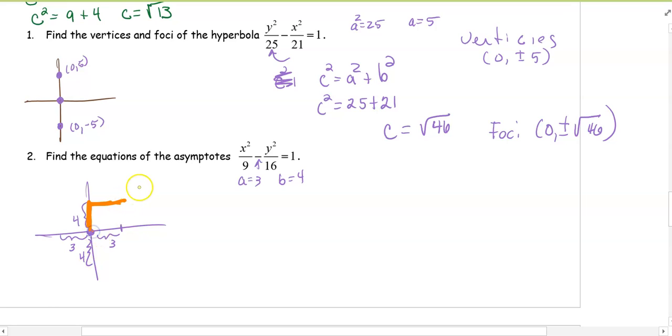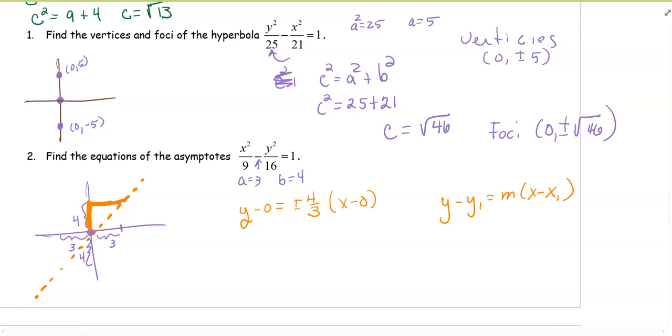I also know that the asymptotes would come through that center. So y minus 0 equals plus or minus 4 over 3 times the quantity x minus 0. Again, using that point slope equation. It's the easiest one to use.